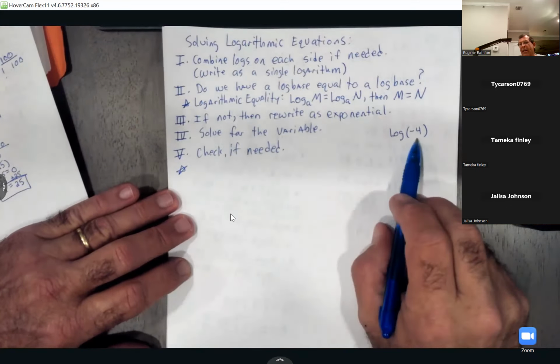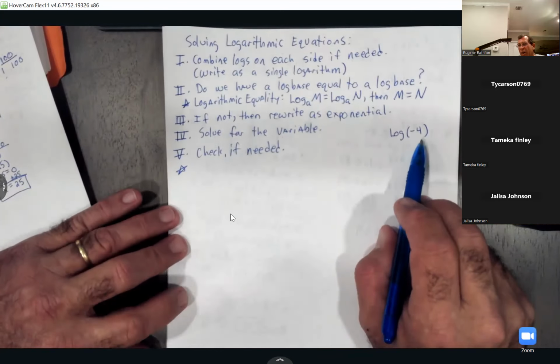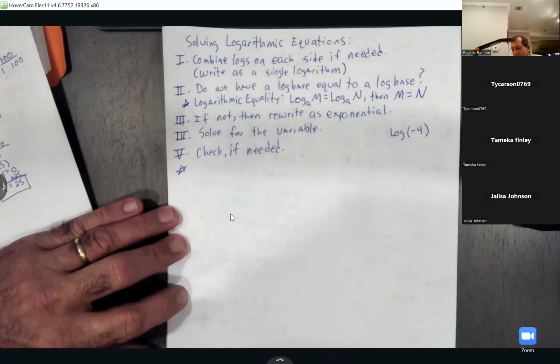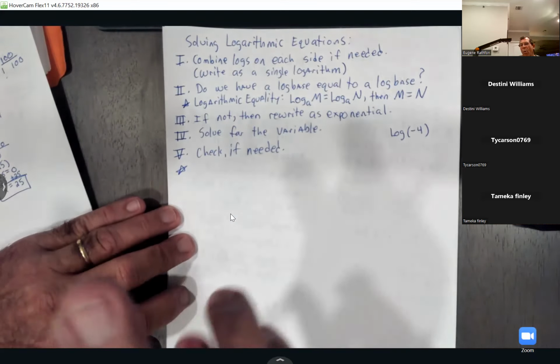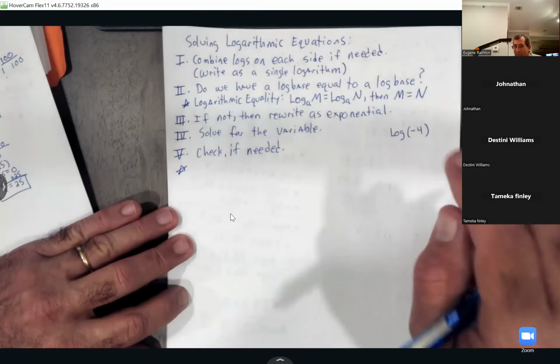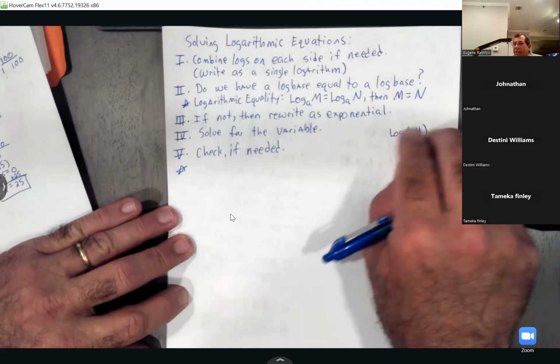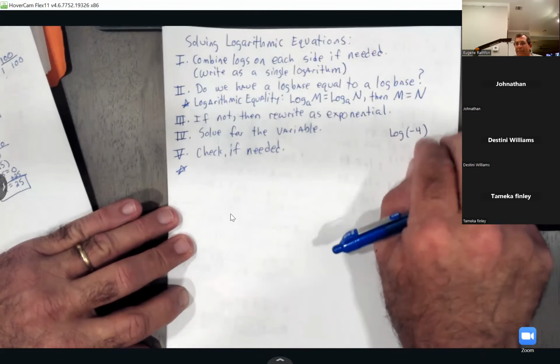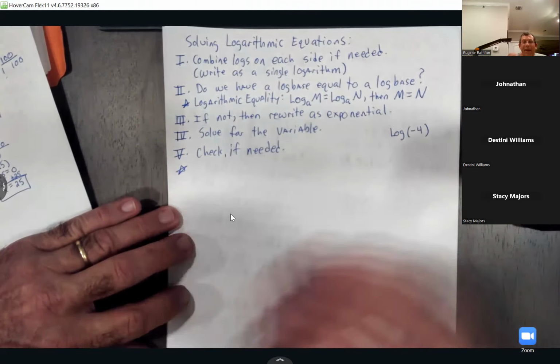Y'all remember what we said if we tried to take the log of a negative number? Wouldn't it? I may be wrong, but is it a 0 or something like that? I think you're on the right track. Was it a fraction? You didn't get any answers out of this as far as numbers. Won't work. It won't work.